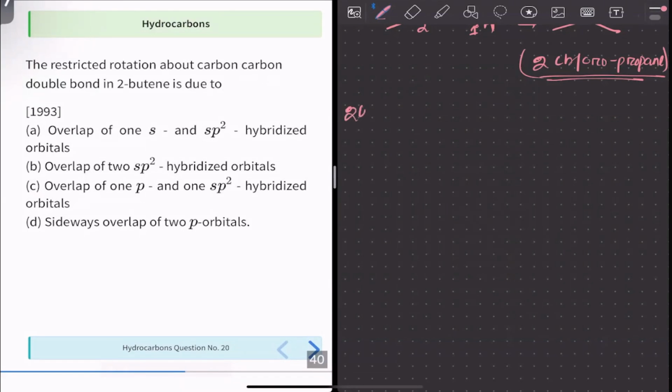Let's move on to question number 20. The restricted rotation about the carbon-carbon double bond in 2-butene is due to what? It is asking why the rotation of the carbon-carbon double bond in 2-butene is restricted. Let's draw 2-butene first.